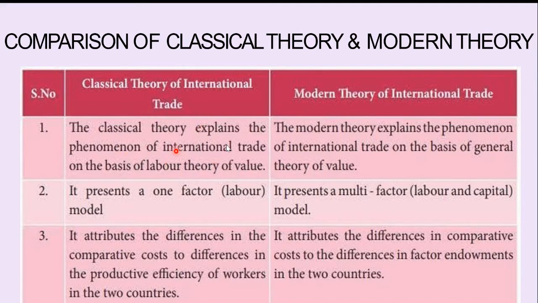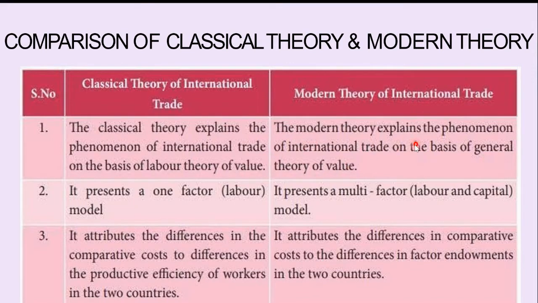The classical theory explains the phenomenon of international trade on the basis of the labor theory of value. So in the classical theory, they used only labor. Whereas here it is called the general theory of value. General means it can be used for all the factors: land, labor, capital, and organization.